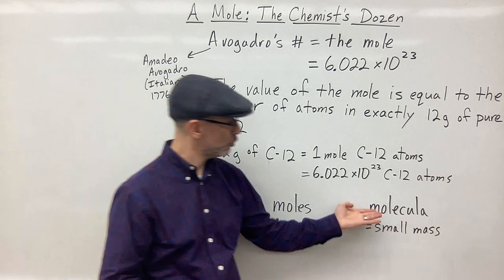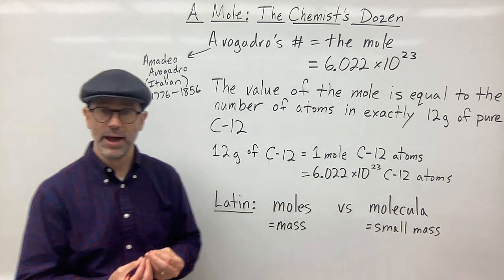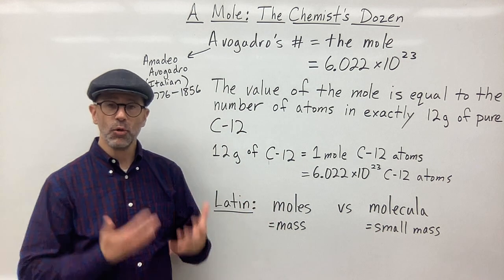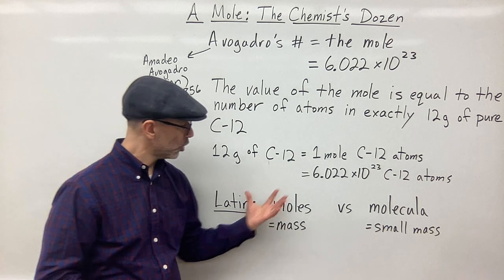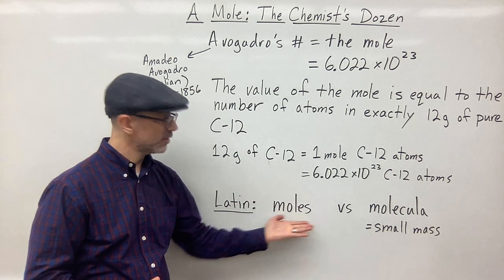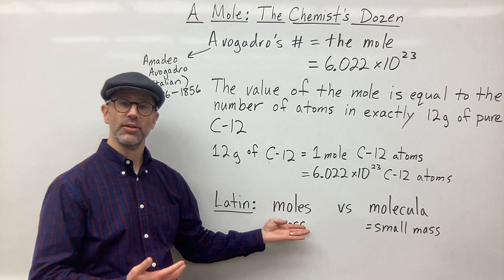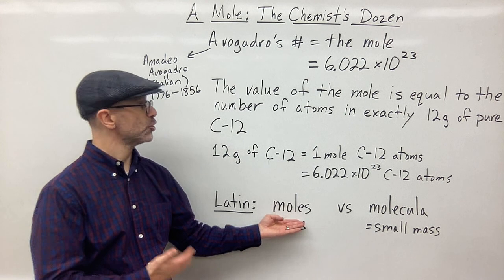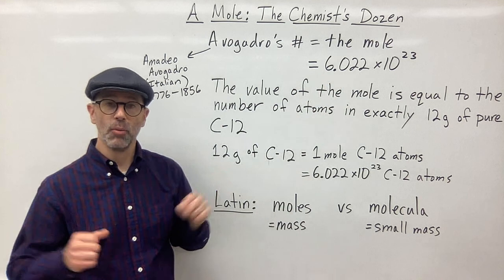I wouldn't use molecula for small masses, right? And so over time, historically, the word mole came about from the Latin term. So the Latin term moles ended up becoming what is used to refer to Avogadro's number, the mole.